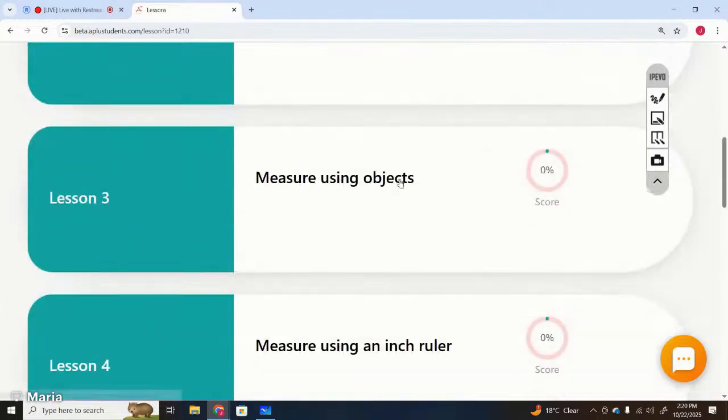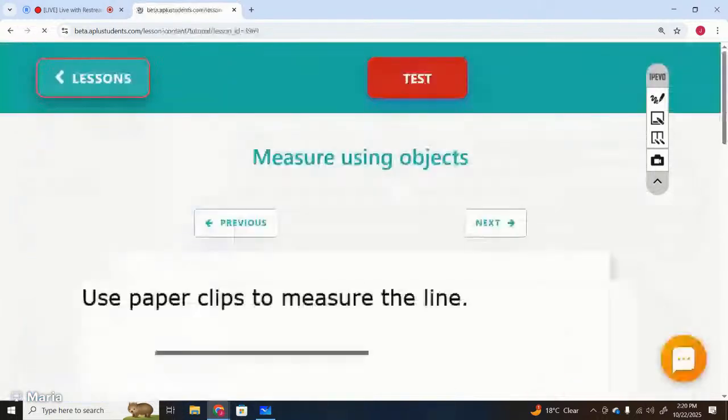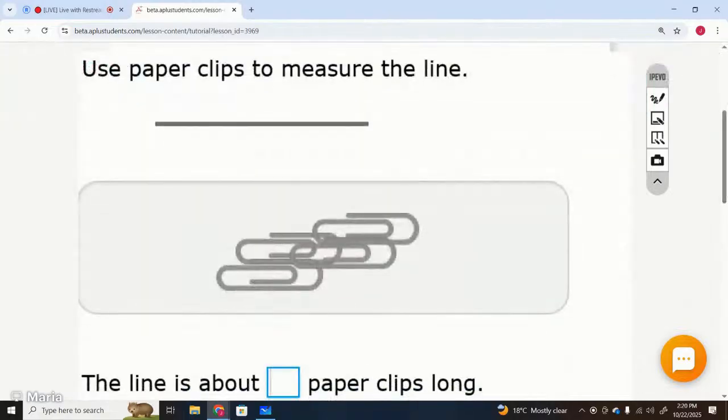The next one is measuring objects. Use paper clips to measure. So we have to arrange the paper clips in a line, starting from the left corner to the right corner.